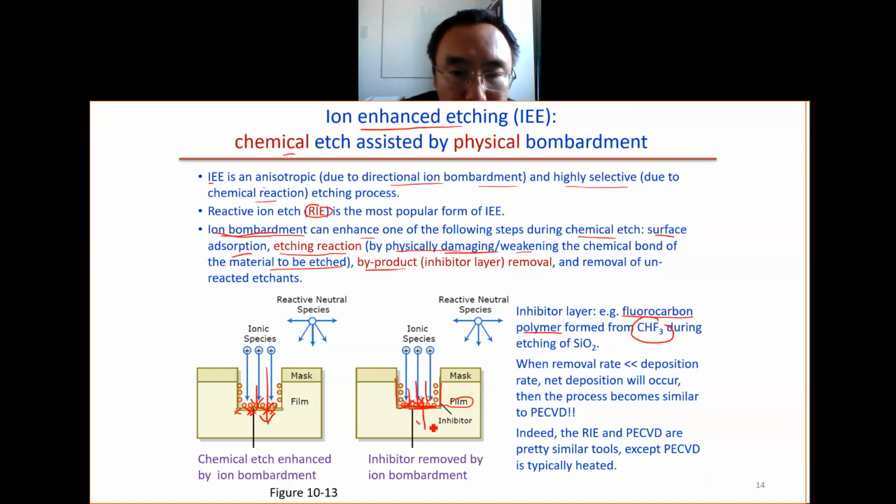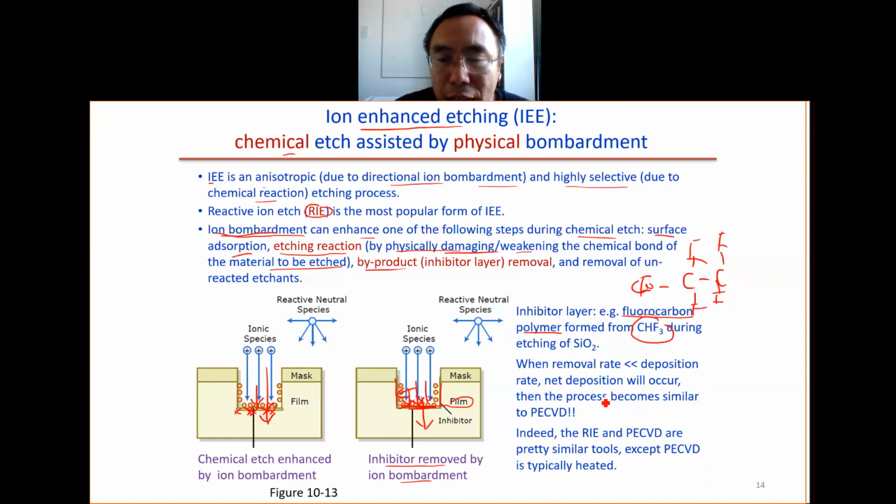This way there will be etching. But there will be no etching laterally because of the fluorocarbon polymer. The fluorocarbon polymer at the bottom is removed by the ion bombardment. So when we have this gas, it will form fluorocarbon.